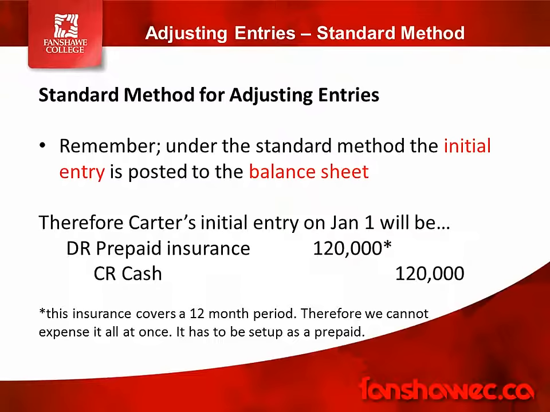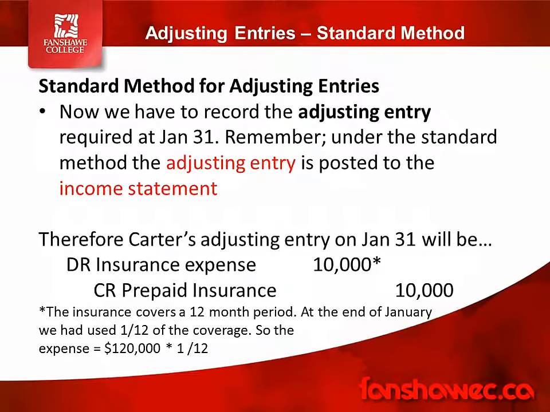This could work for any type of prepaid amount. It could be prepaid rent, prepaid insurance, or prepaid subscriptions. Whatever the prepaid is, we're going to set it up on the balance sheet and move some of it to the income statement. So at January 31st, Carter has to do a journal entry to recognize the fact that 1 month of time has elapsed, and post an adjusting entry to pull some of that prepaid onto the income statement.